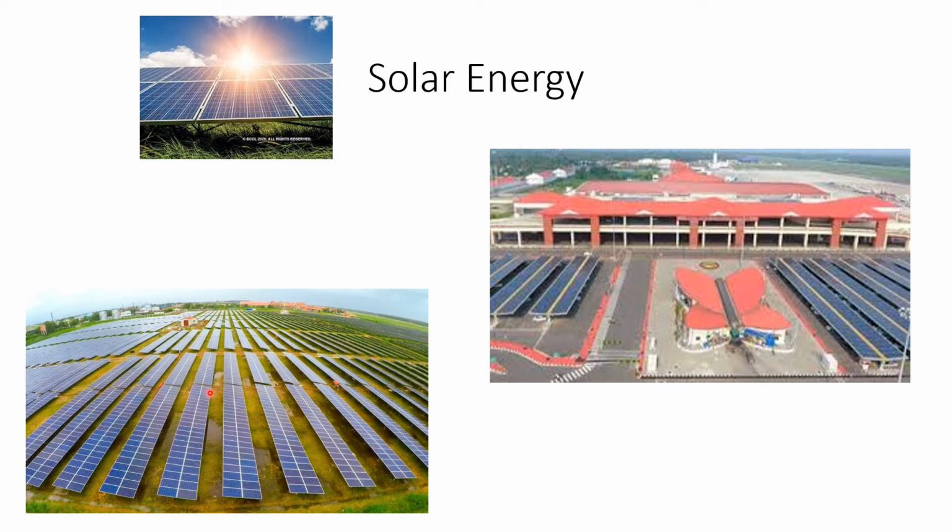And this is the wind energy. I'm sorry. This is the solar energy plant, the solar power plant installed for use in Cochin International Airport. This is in front of the airport, and this is the nearby field they converted to a solar energy power plant.